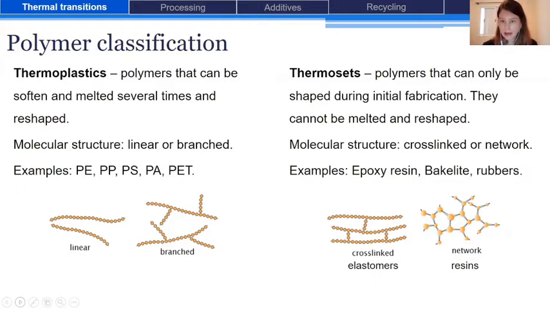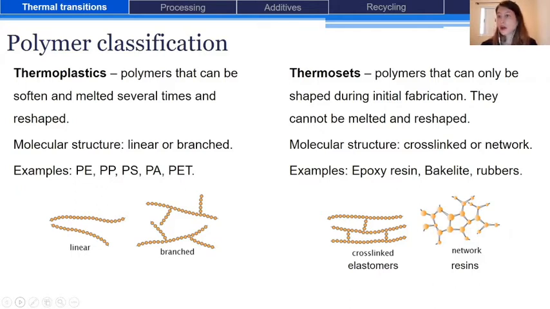On the other hand, we have thermosets, which are polymers that can only be shaped during initial fabrication. Let's remember, in thermosets, we have cross-linking between the polymeric chains. If the density of cross-linking is low, we have an elastomer, an elastic material.